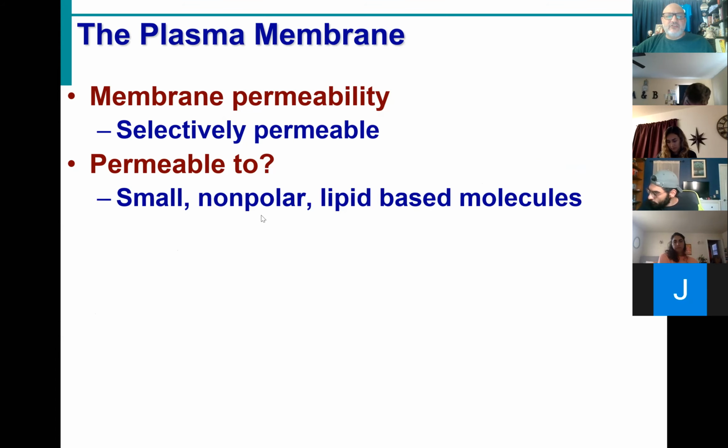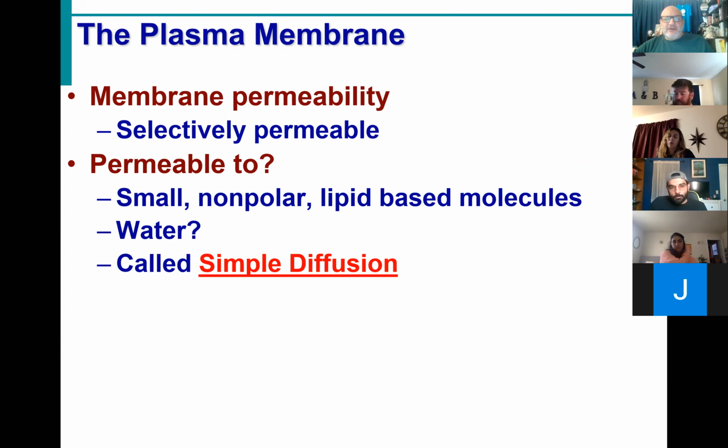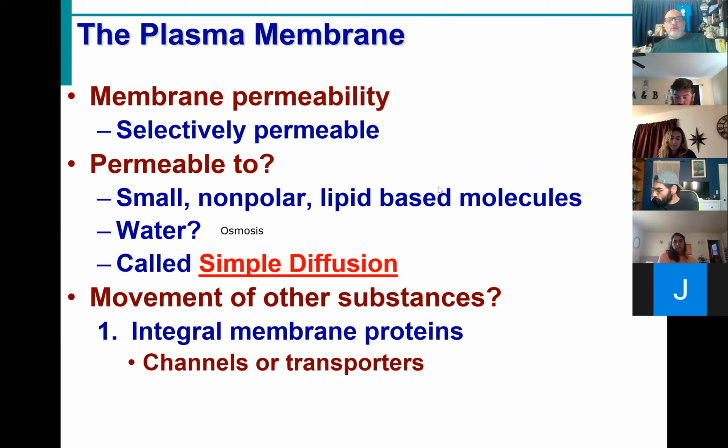So again, things that are small, non-polar, or lipid-based can get in via simple diffusion. Water shouldn't be able to, but it does, called simple diffusion, or as we mentioned for water, that's also osmosis. Anything else that wants to get in needs some type of protein to help it.